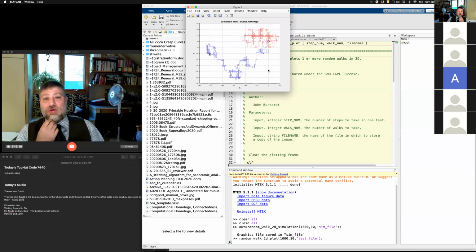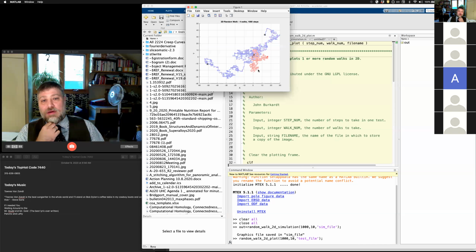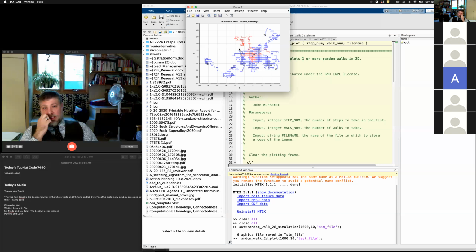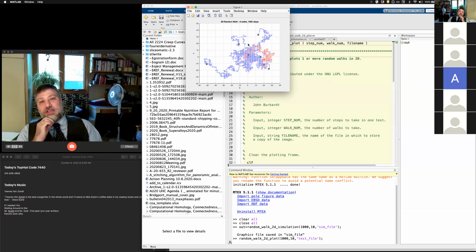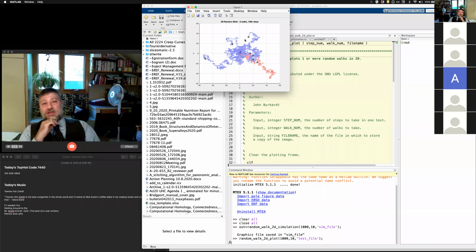It's plotting one walk at a time. Each walk is completely independent, right? And they take these sort of twisty turny paths. There isn't a straight line in here.